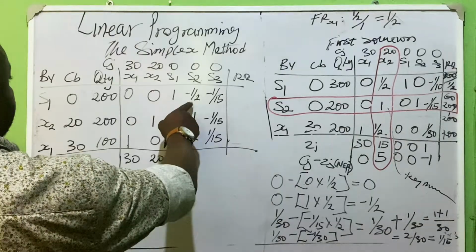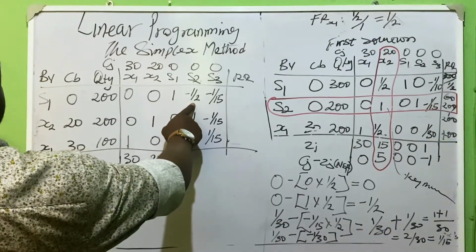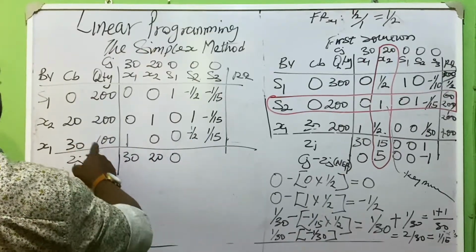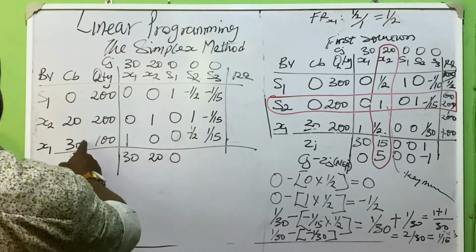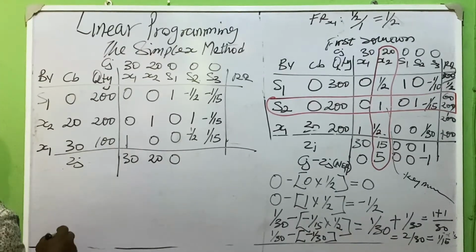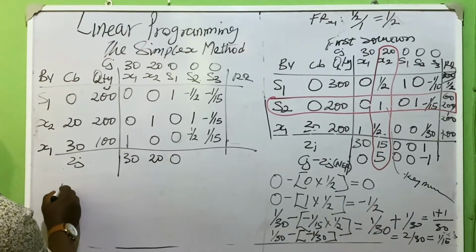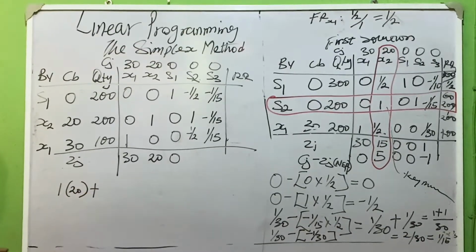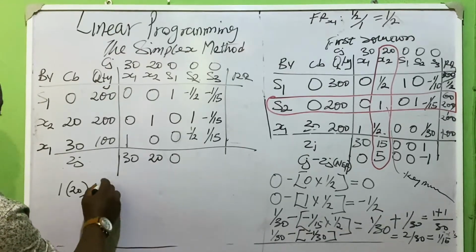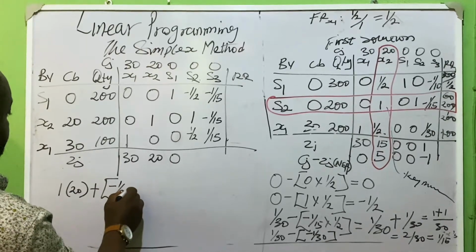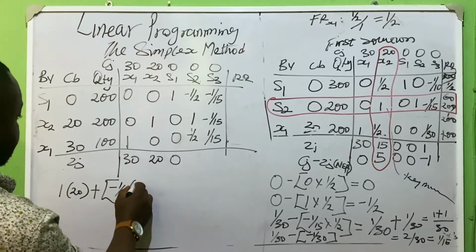Then for s2, this by this is 0, 1 times 20 plus minus 1 over 2 times 30. So we're going to work that out. 1 by 20 plus minus 1 over 2 by 30.